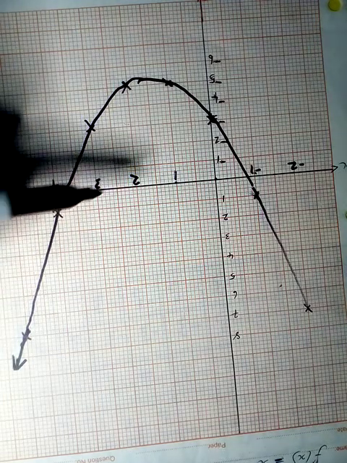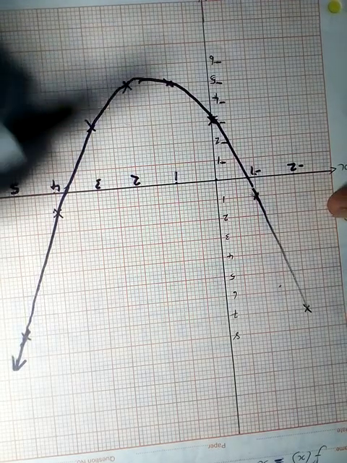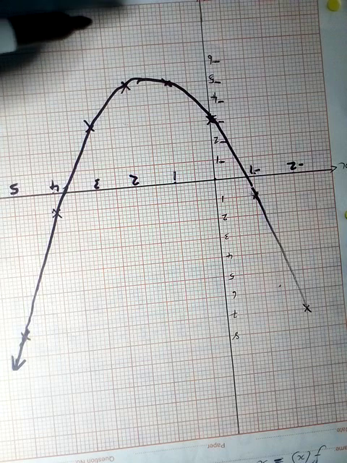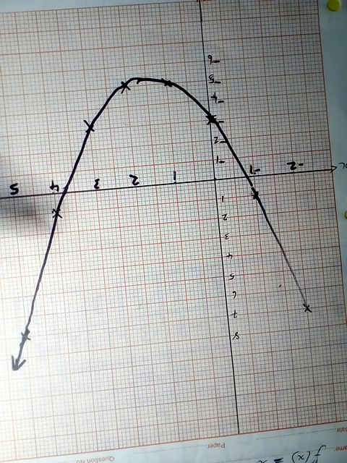So when a, or the coefficient, is positive or greater than 0, we have a minimum graph. Or another way to remember it, the legs will push towards the positive side when a is positive. When a is negative or less than 0, the legs will push towards the negative side of the y-axis, and you have a maximum graph. But this is a minimum graph, and that's your parabola.